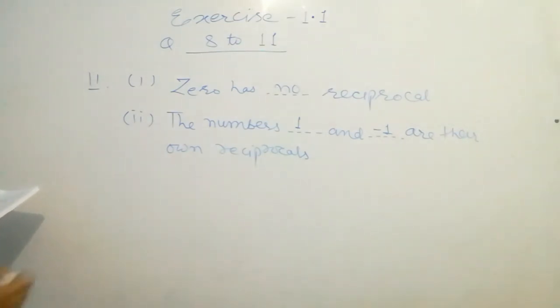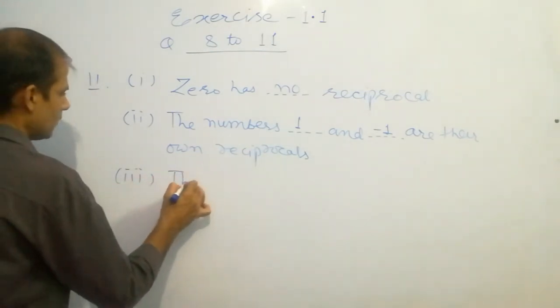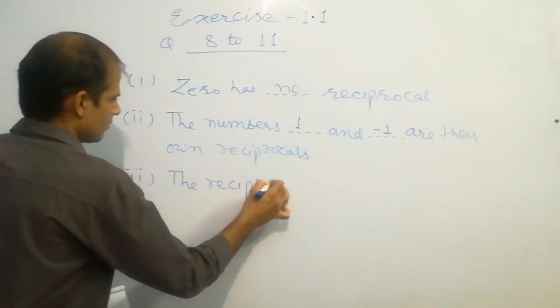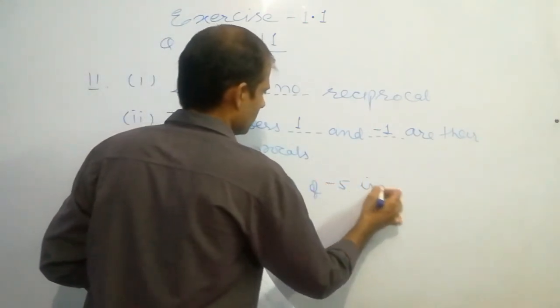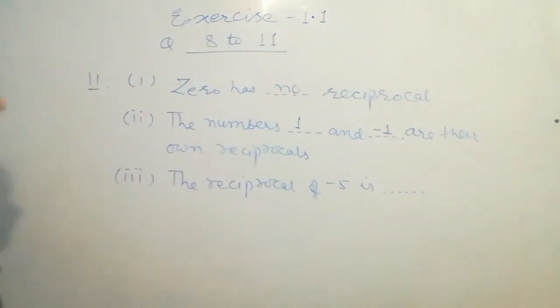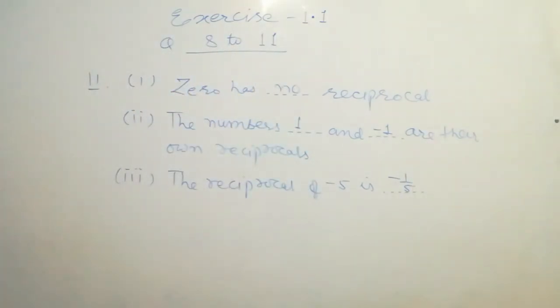Next is third, the reciprocal of -5 is, so the reciprocal of -5 is -1/5, and there is a very important thing about finding reciprocals.